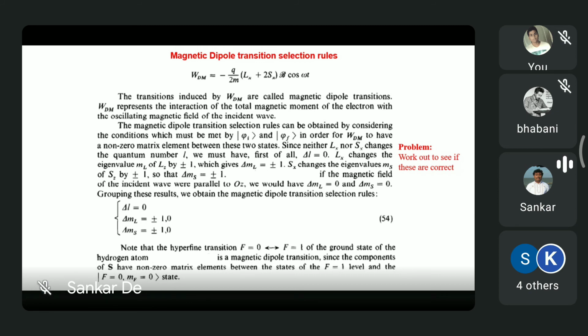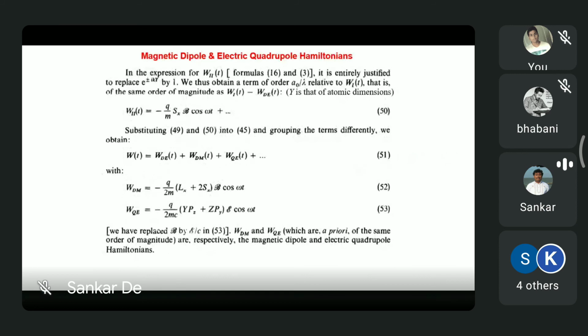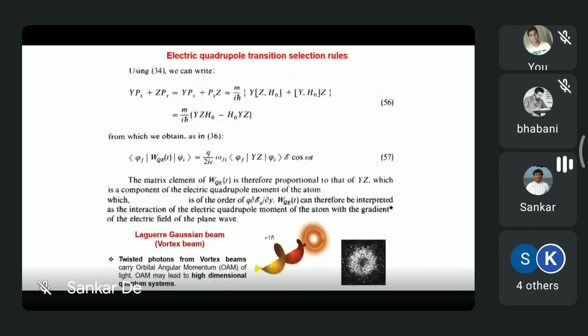Now we have another term left, that is QE, the electric quadrupole transition. Here things are fun because we have a term YPZ plus ZPY, and we can smartly write ZPY as PYZ, and then do a little trick with the commutation relationships.